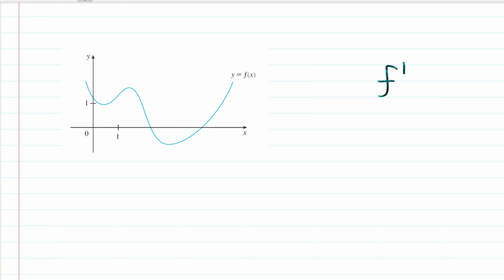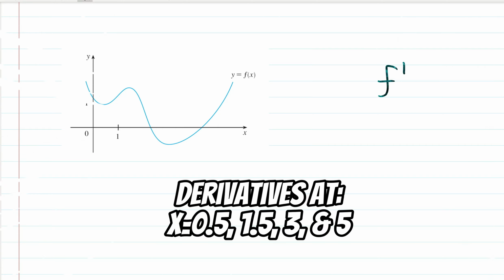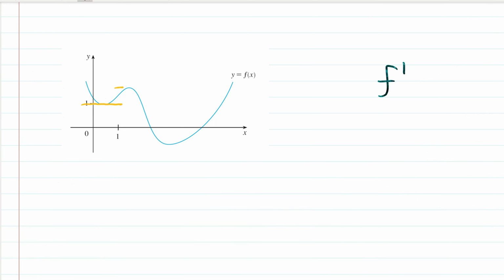Using this graph, let's estimate the value of the derivative at each of these values of x by drawing a tangent at the point x comma f of x. Tangent right there, tangent right there, and a tangent right there.